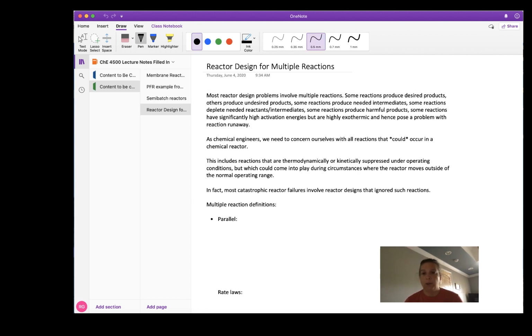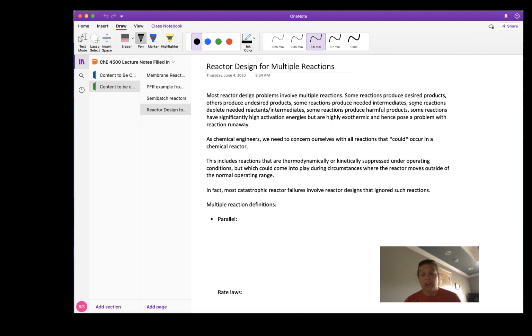Some of those reactions are going to produce the desired product, the product that we set out wanting to produce. Others are going to produce undesired products. Some are going to produce needed intermediates. If you think about reactions happening in series, maybe one of the initial reactions produces an intermediate species that's needed to produce some product later on.